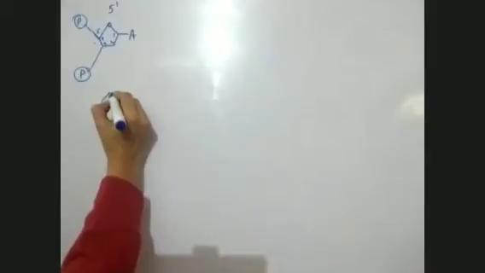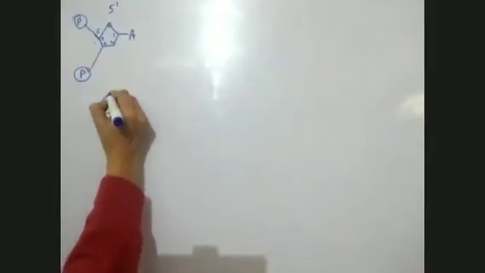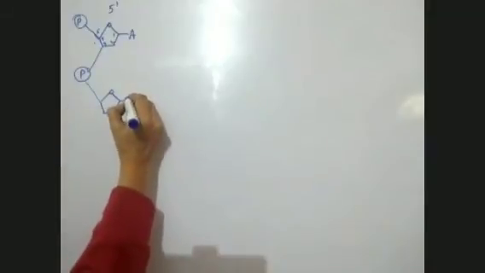Then again, we have to show the fifth carbon. So for that, I'll make another pentose sugar. This is the fifth carbon, which will be attached to a base.